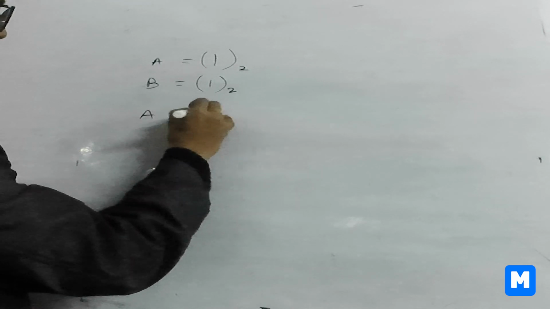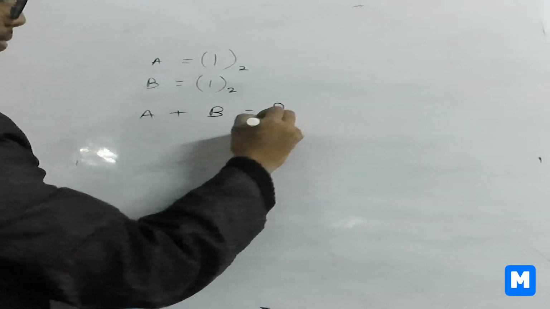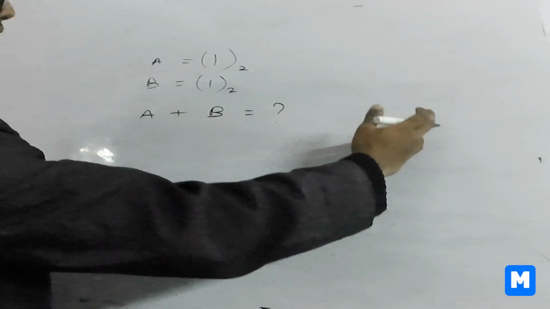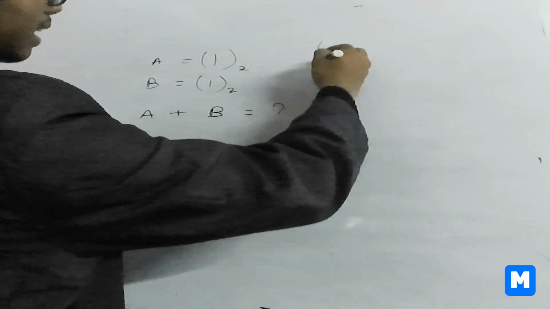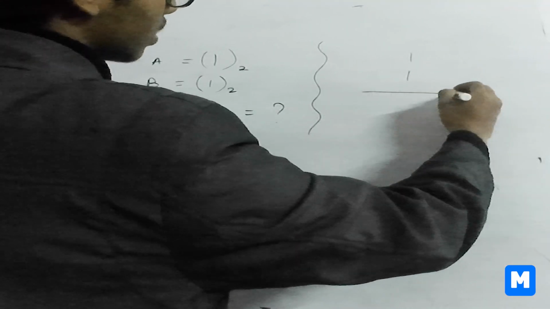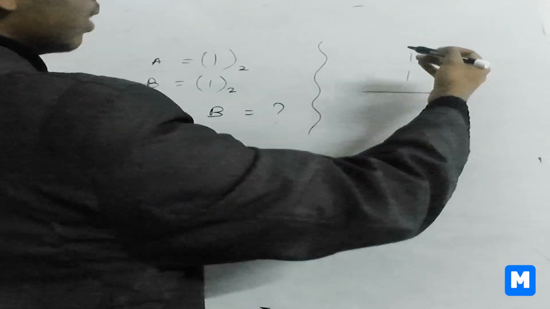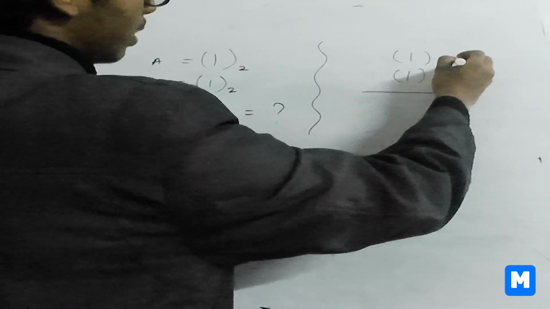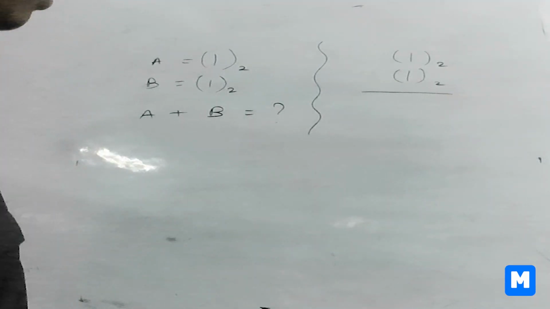Suppose I wanted A plus B. We will do the same addition that we did in the decimal system. So 1, 1. I'll explicitly mention that this is the binary system, otherwise you might get confused.